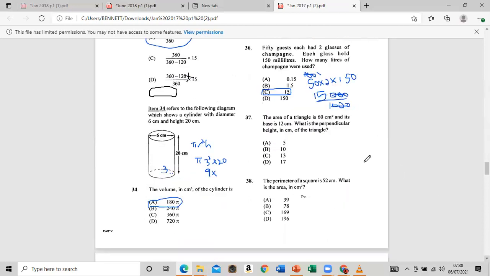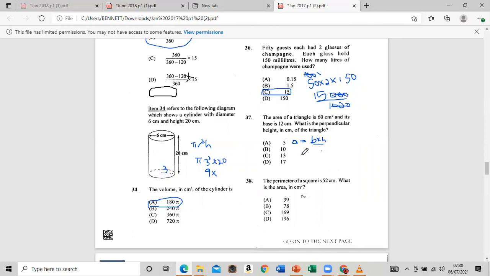All right, the area of a triangle is 60 centimeters square and its base is 12. What is the perpendicular height of the triangle? So we can use trial and error, or we can just say area is equal to base times height divided by 2.